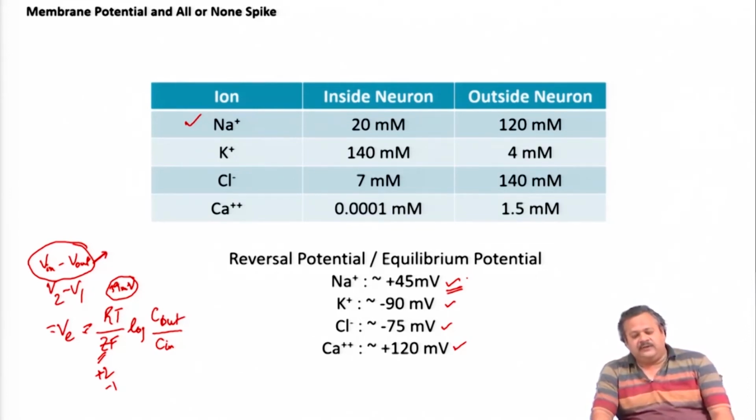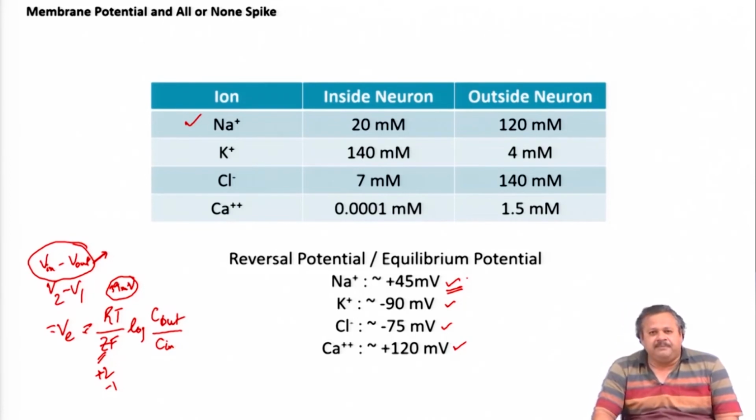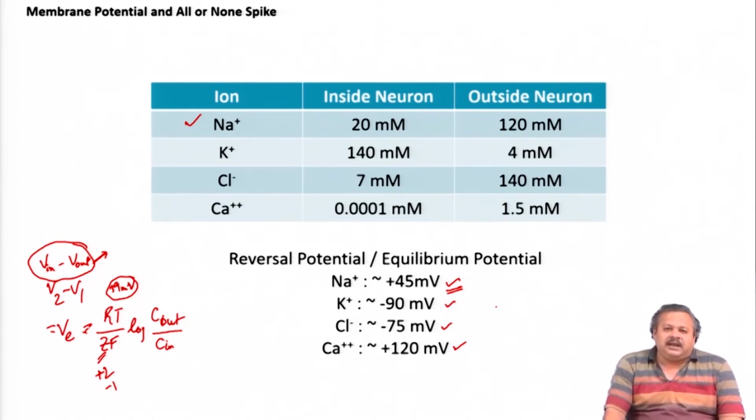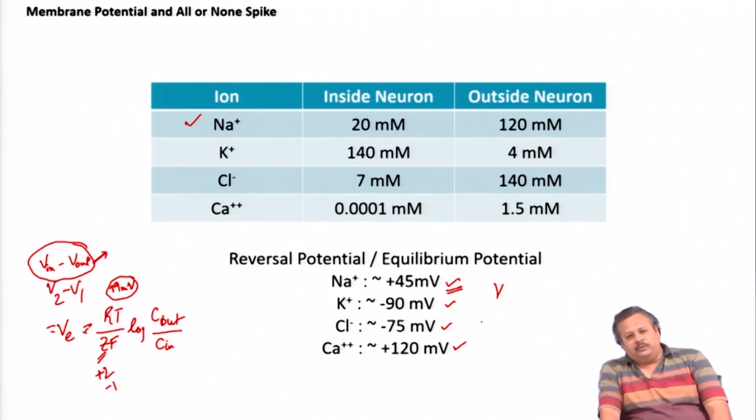Similarly, for potassium, if the membrane potential is -90, then potassium will not flow. Similarly, for chloride and calcium. Another way to think about these numbers is that if we have the potential of the membrane at a particular value V, or V membrane, or delta V, then it is the equilibrium potential of that ion that will determine which way the ion will flow.